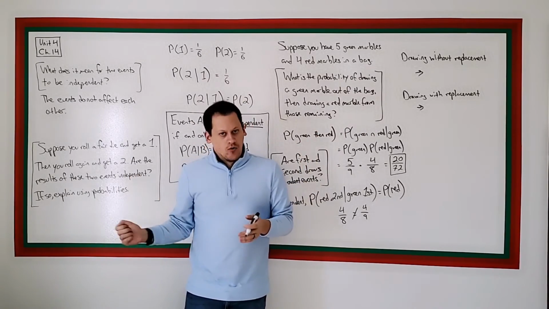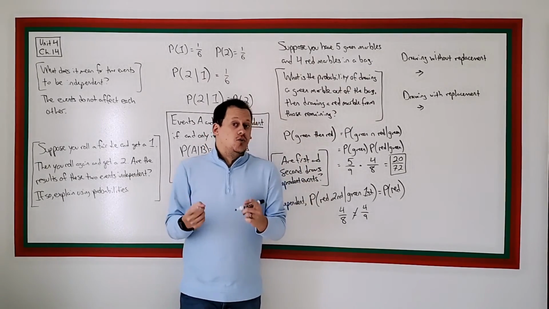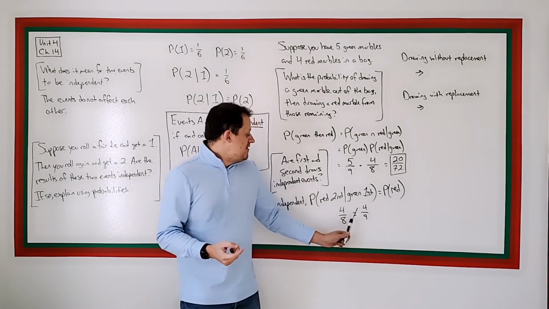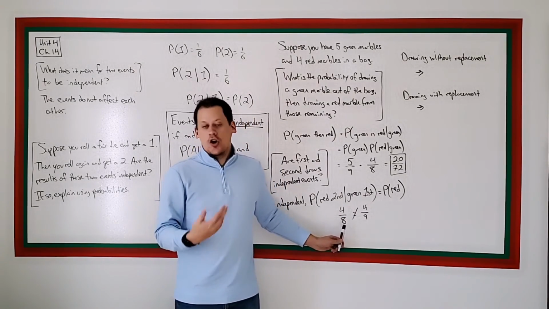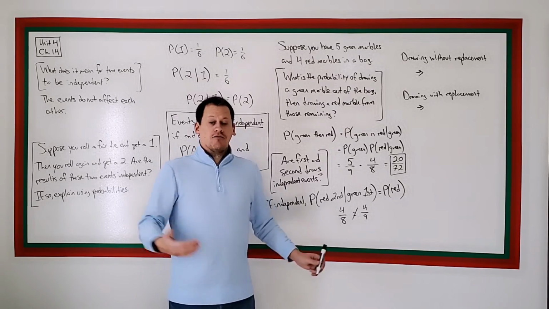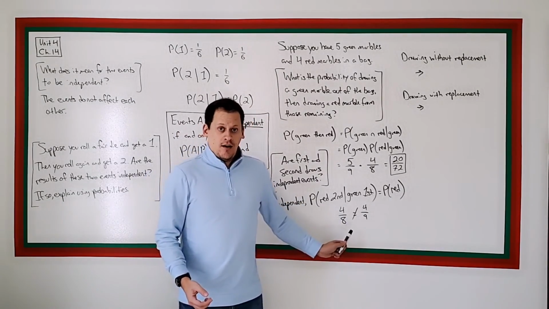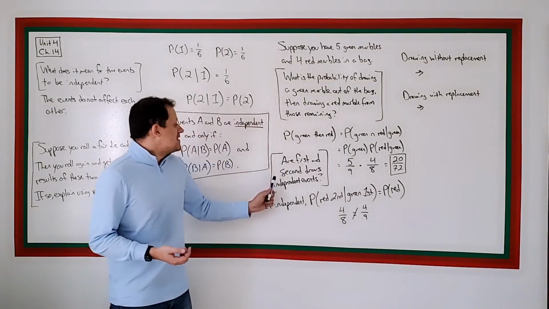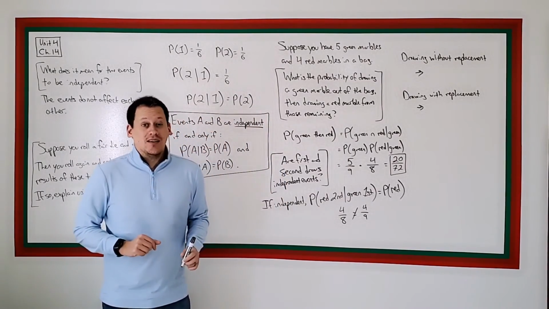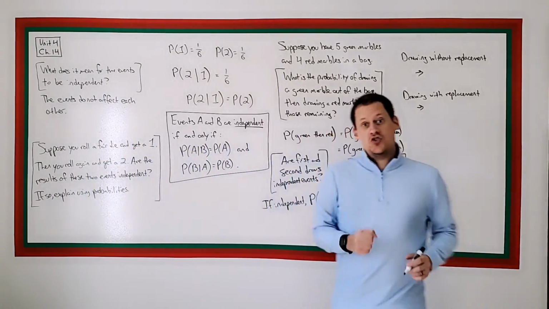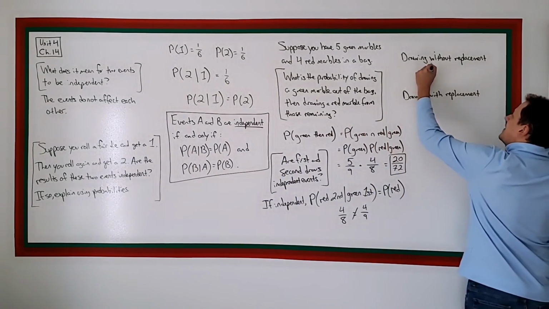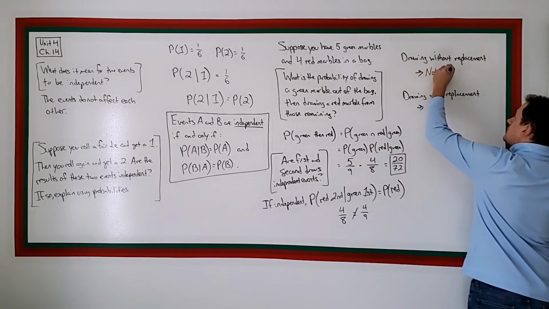You drew without replacement. When you do that, you're reducing the number of marbles or cards that are left every time you take one out. So those probabilities are going to change. When you draw without replacement, those events cannot be independent because those probabilities change. So these are not independent events.